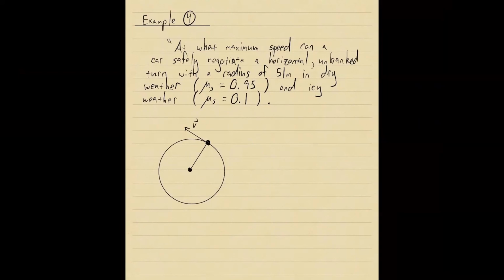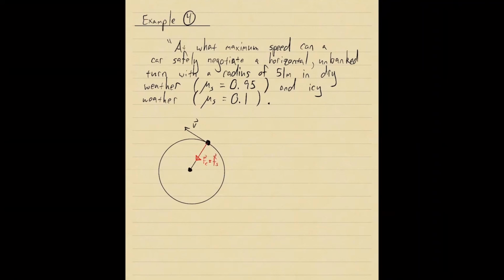And in this case, the thing that's going to be providing our centripetal force is actually going to be the static friction between our tires and the road. It's going to be our frictional force, right?